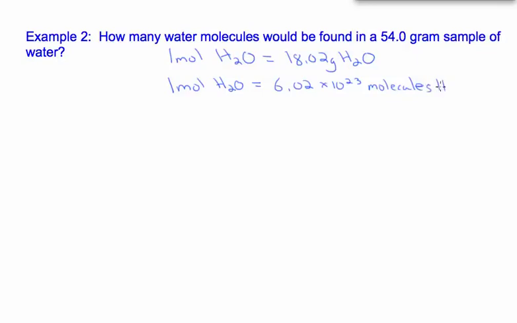So now we're just doing dimensional analysis. We always start by writing down what we know. 54.0 grams of water. Because we're trying to cancel out grams of water, we have to put the molar mass on the bottom so that those units will cancel. And we have 1 mole on top.